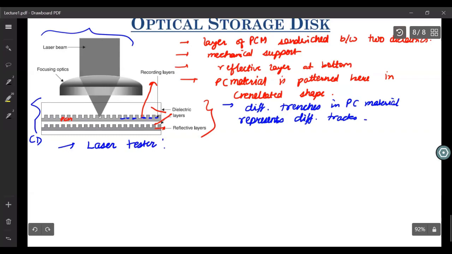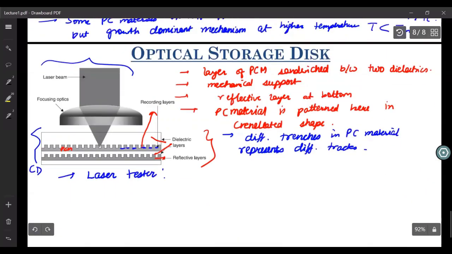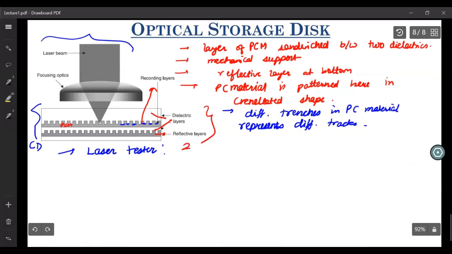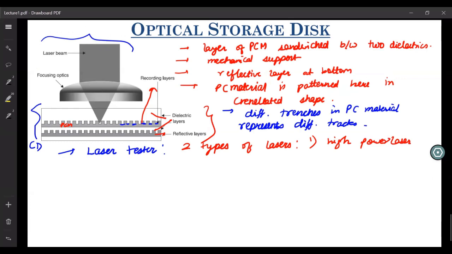This laser tester has two types of lasers. One is a high power laser. What does this high power laser do? It simply heats it up and changes the phase.